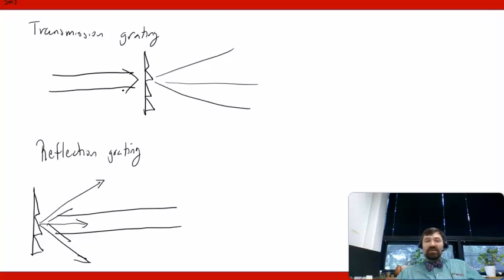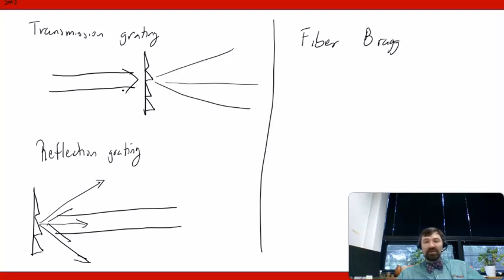There are other types of things that are called gratings, like the fiber Bragg grating, and that is more complicated still. Fiber Bragg grating is used a lot in sensing: you send a signal and it reflects back light that is based on a periodic modulation of the refractive index in your fiber. And so the wavelength that gets reflected back tells you the spacing of that periodic grating, essentially.